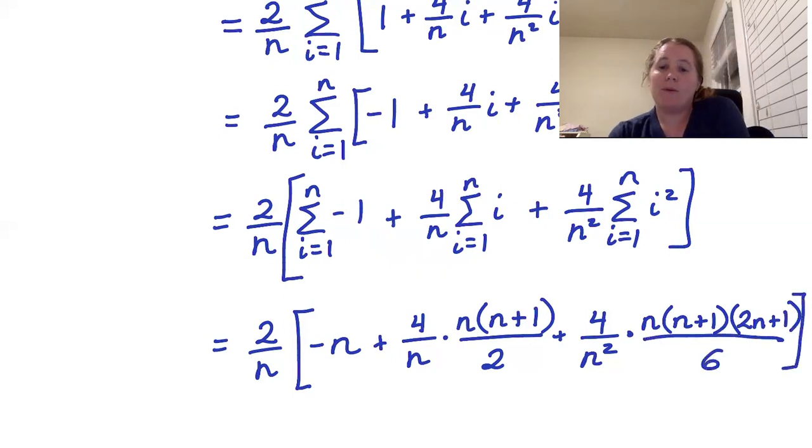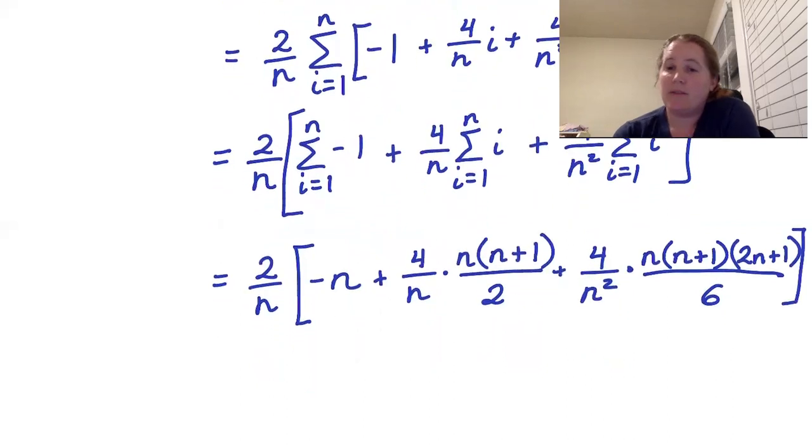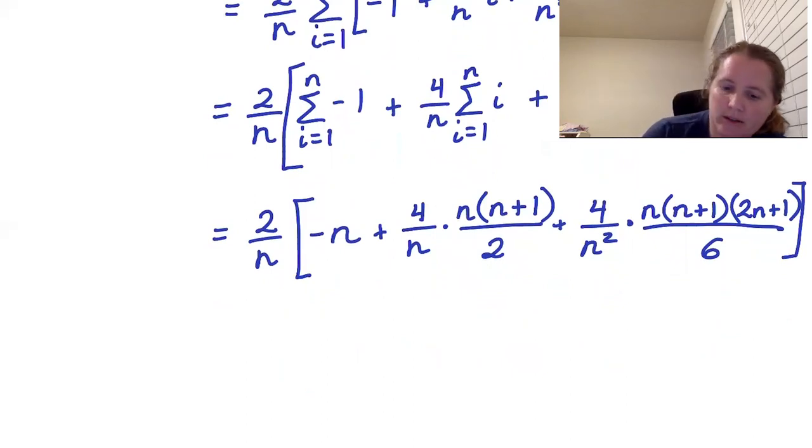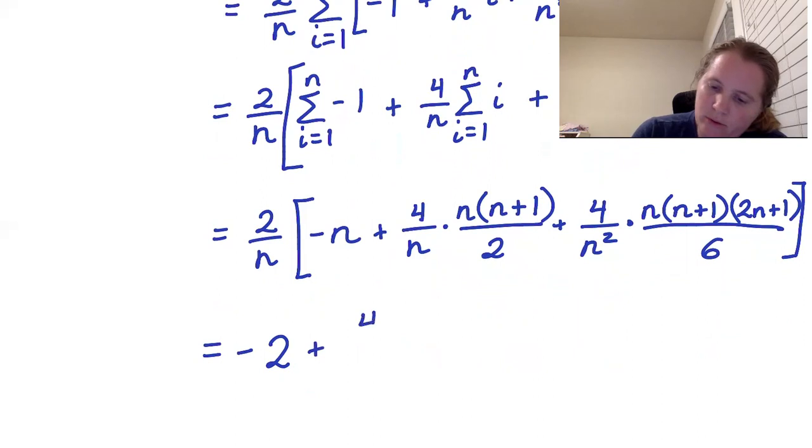So this is what we wind up getting. I haven't simplified at this point. We could go ahead and simplify. If we multiply in that 2 over n, we wind up with negative 2 plus 4 times n plus 1 all over n.